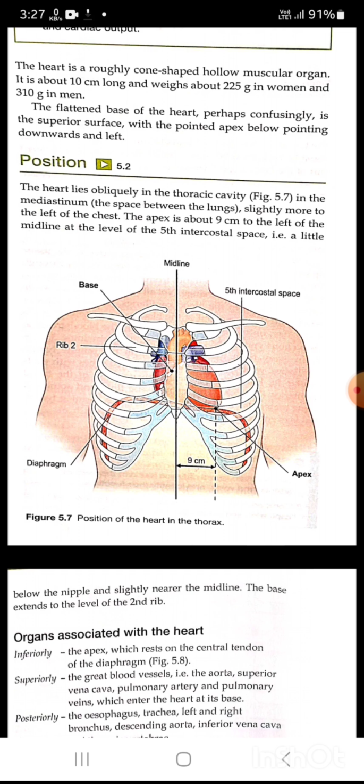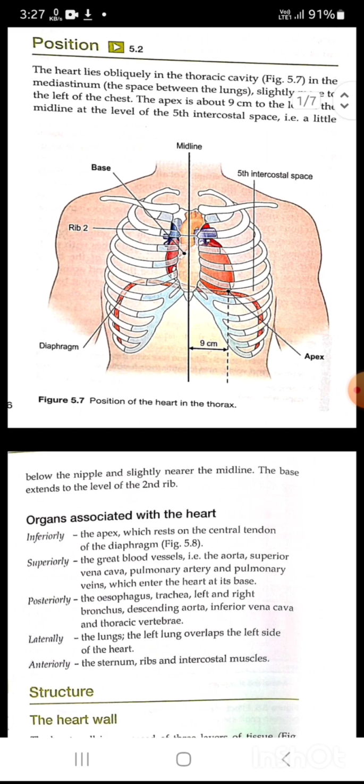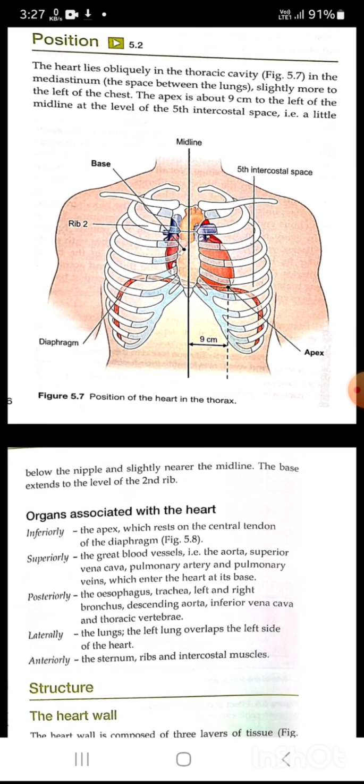Intercostal space means the space between two ribs. It is a little below the nipple and slightly nearer the midline. Below the left nipple, the base extends to the level of the second rib.